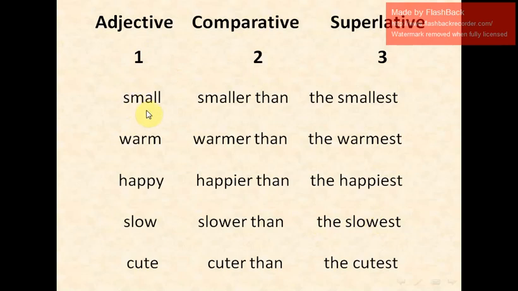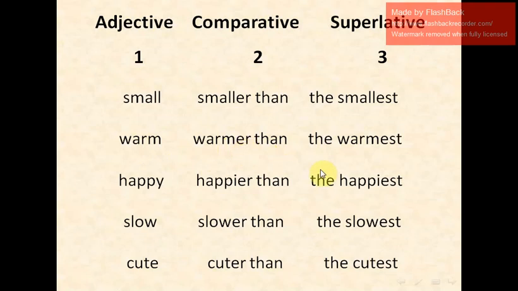So this is an adjective, small. The boy is small. When I'm having a comparative adjective and I'm comparing two persons, I will say this one is smaller than this one. But when I'm comparing three, I say smallest. This adjective, warm, this place is warm. But when I'm comparing two places, I will say warmer than.